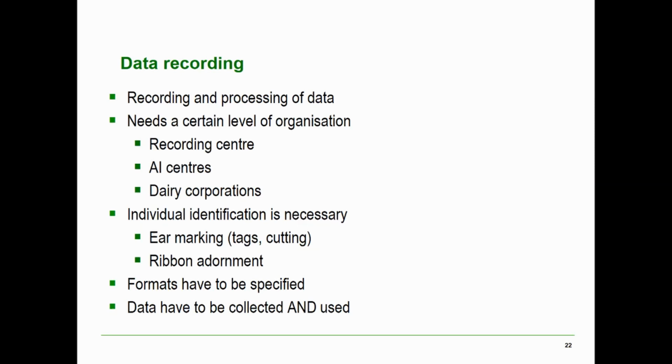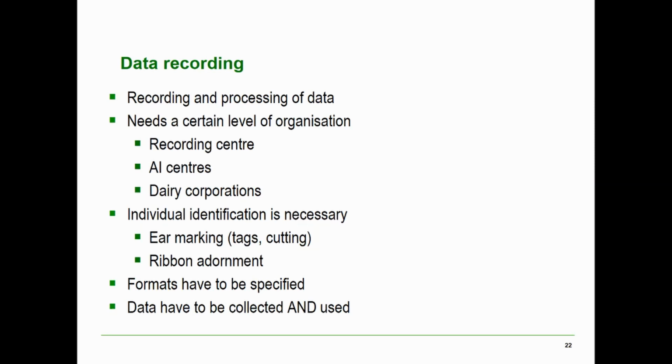We need to make sure each animal that is relevant for the breeding program is identified with a number, and this number is not being used anywhere else in the country. So by definition, sequential numbers are not good.